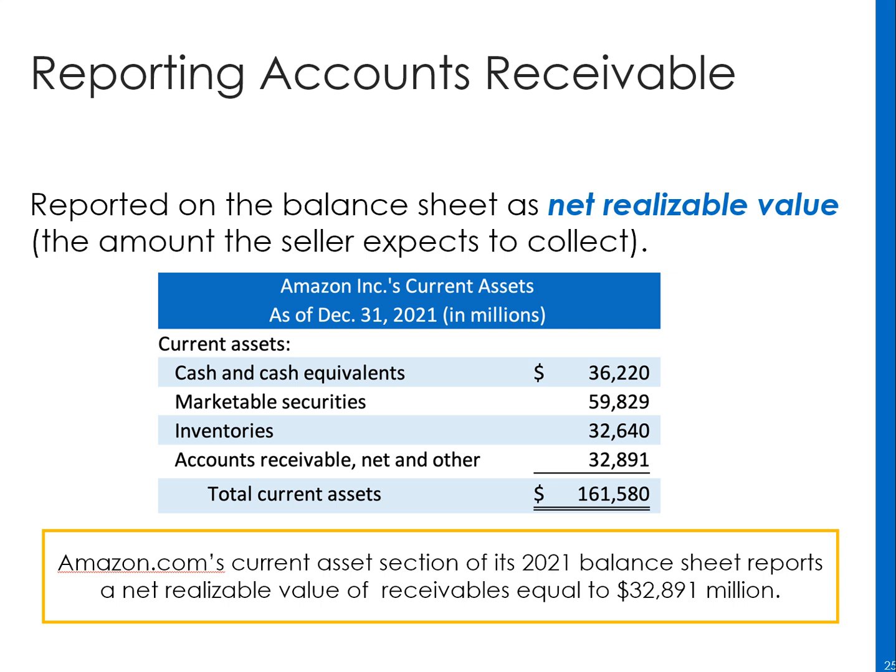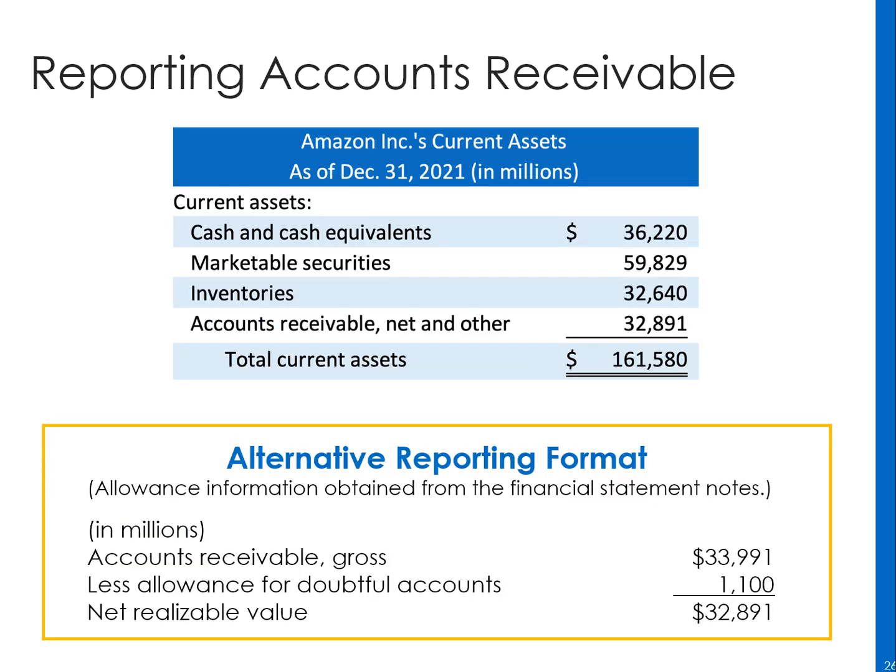Accounts receivable are reported on the balance sheet at net realizable value. In other words, the uncollectible amount has been removed on the balance sheet. If we look at Amazon's presentation of accounts receivable, net, it's 32 billion.